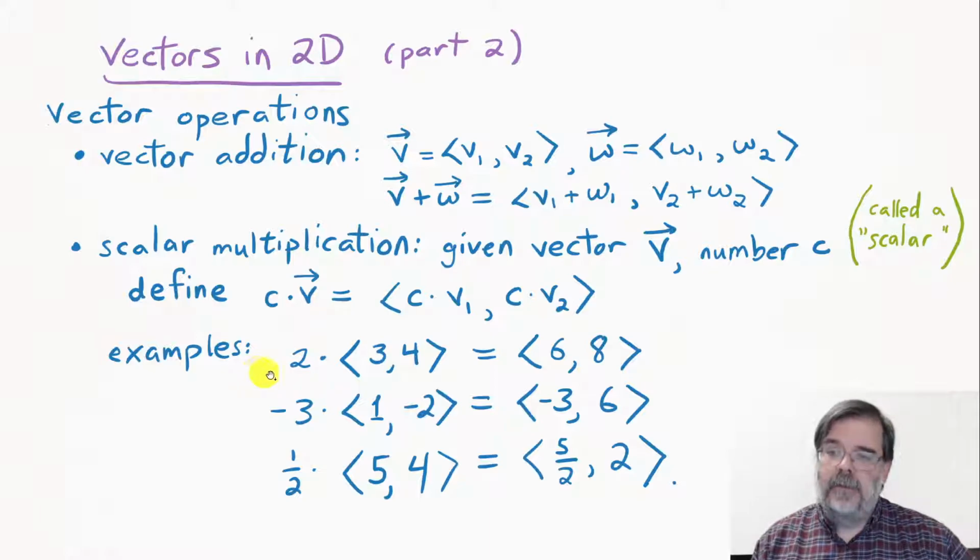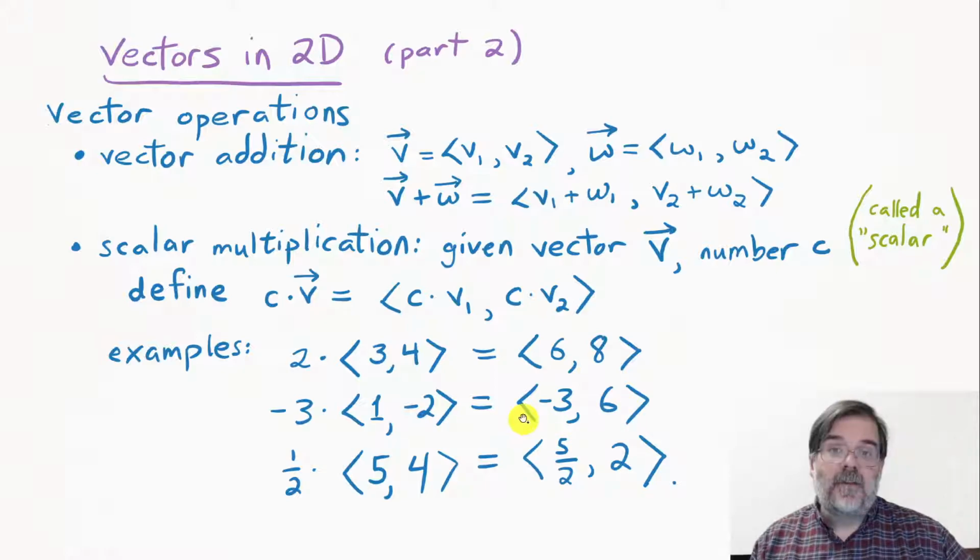So, as some examples, 2 times the vector ⟨3, 4⟩ is equal to the vector ⟨6, 8⟩, because 2 times 3 is 6, and 2 times 4 is 8. You can multiply by negatives if you wish. Negative 3 times the vector ⟨1, -2⟩ is equal to the vector ⟨-3, ...⟩, and negative 3 times negative 2, that's 6.